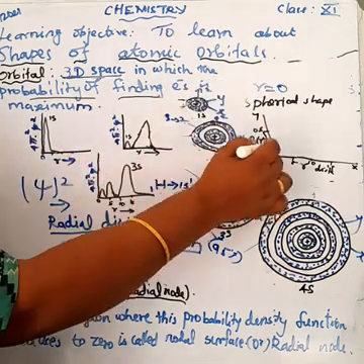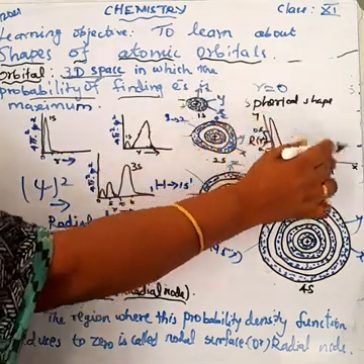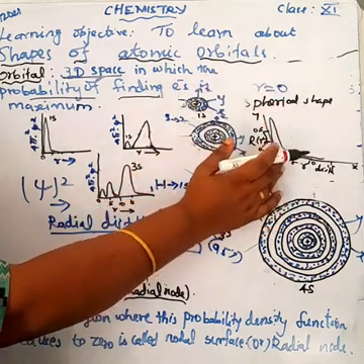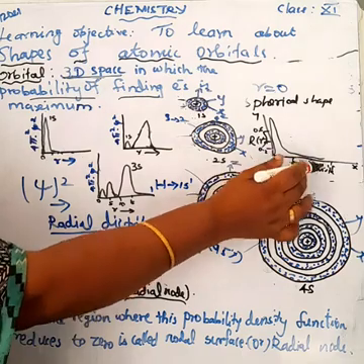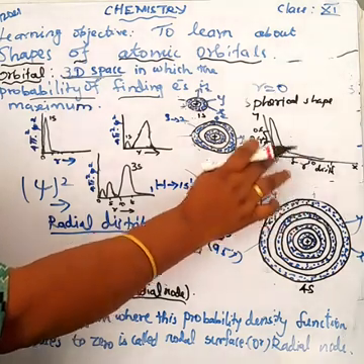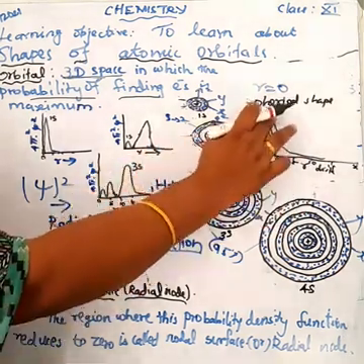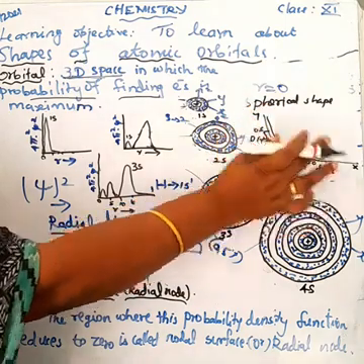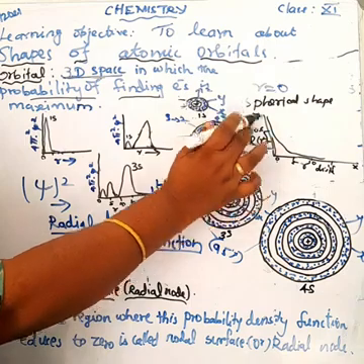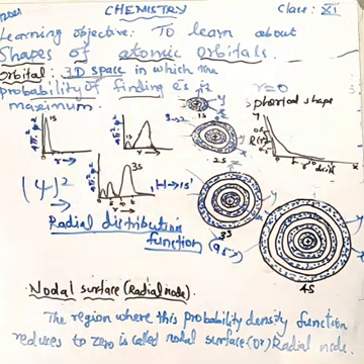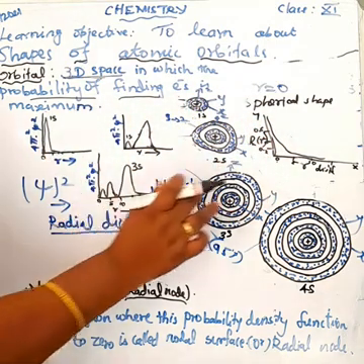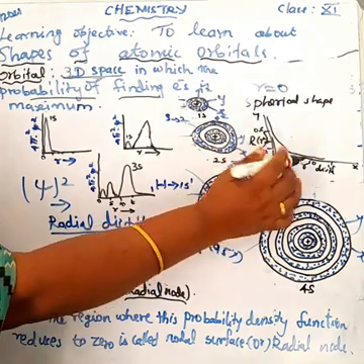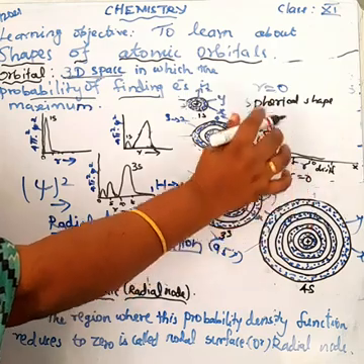Here, this is the distance and this is the maximum probability. We are plotting the curve, taking distance on the x-axis and probability of electrons on the y-axis. When the distance is 0, that is R is 0, the probability will be maximum.